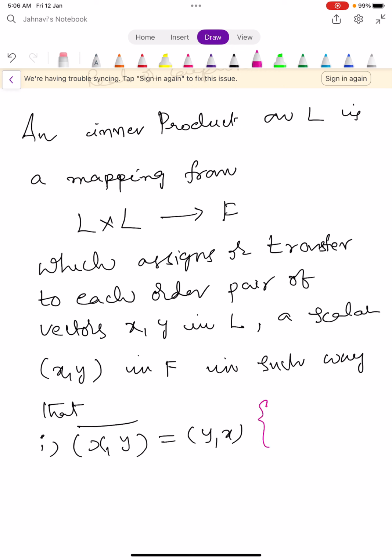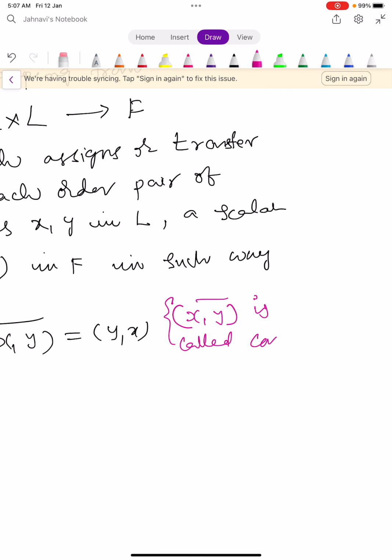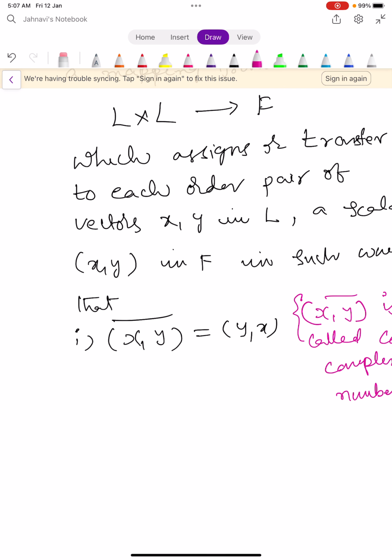Here the conjugate of (x, y) is the complex conjugate of the number (x, y). So the conjugate of (x, y) equals the ordered pair (y, x).